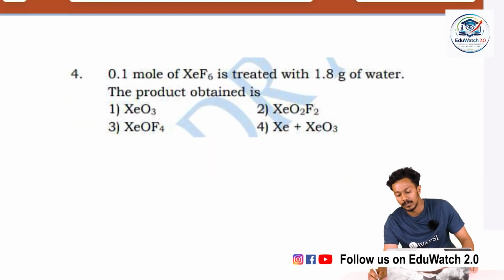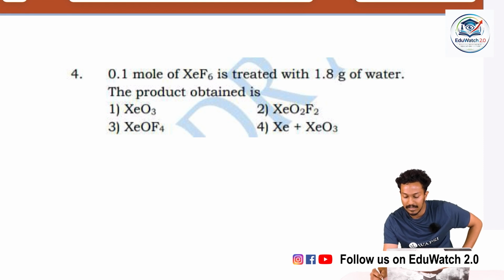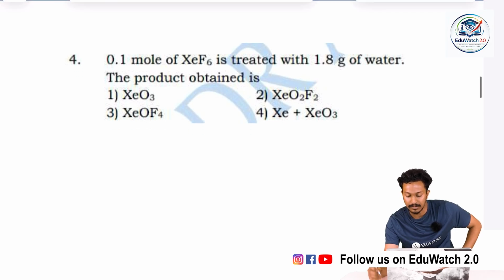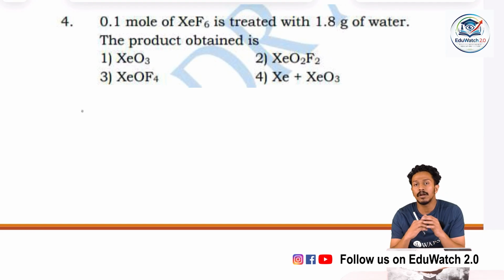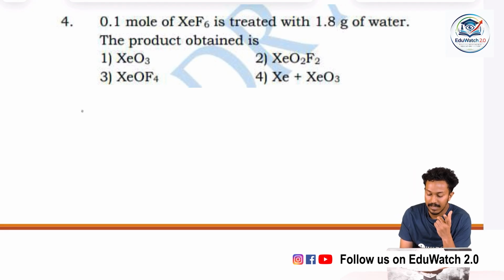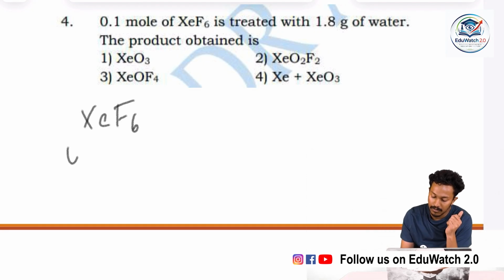Question number 4: 0.1 mole of XeF6, xenon fluoride, is treated with 1.8 gram of water. The product obtained is... You might wonder why they gave the quantities of both XeF6 and water. This is because they are explaining the molar ratio of the reactants. Here there is 0.1 mole of XeF6 and 1.8 gram of water.